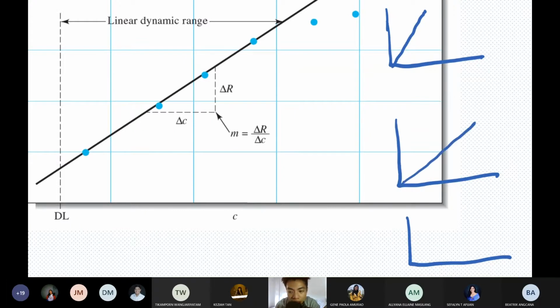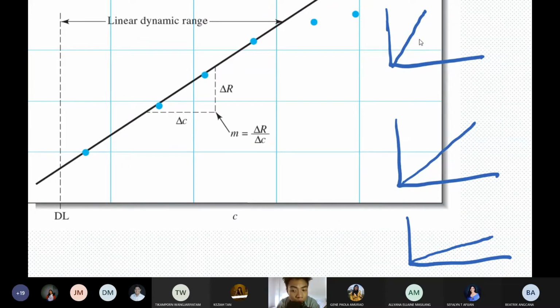If you obtain the angle using trigonometry, the angle would be around 45 degrees. And we also have a calibration curve in which the slope is very low. So these are the three usual appearances of the calibration curve.